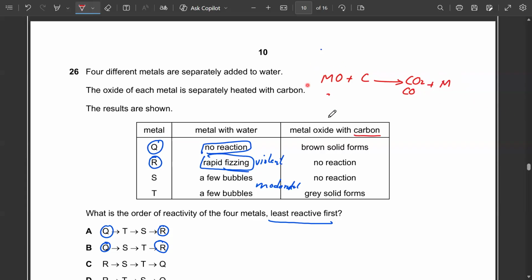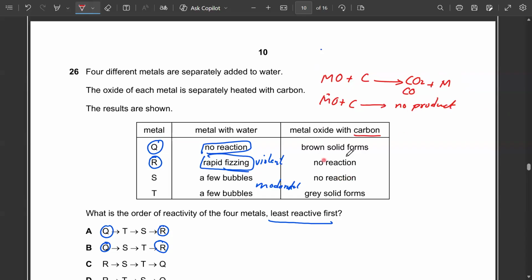So how would you tell which metal is more reactive? It is the one whose metal oxide, when reacting with carbon, does not give any product.